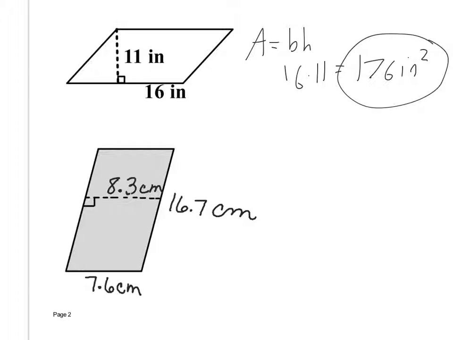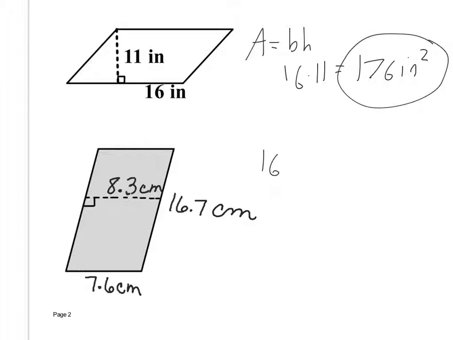Here, they give us three sides. Here, here, and here. What two am I going to use for base and height, Camden? 16.7 and 8.5. Okay, the two that touch the right angle. This you could say is touching the right angle, even though it doesn't really look like it. It's showing you it touches the right angle. So these would be your base and your height. Now it doesn't matter which one's which, because the order doesn't matter with multiplication.